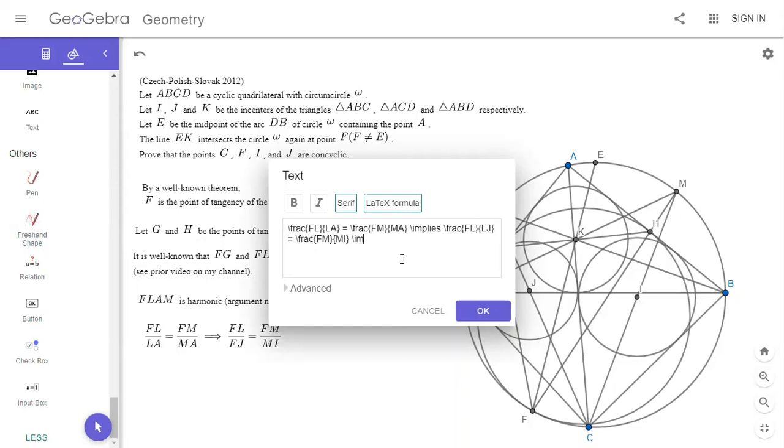And that implies that triangle FLJ is similar to FMI.